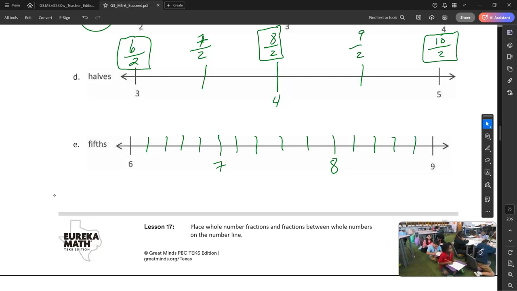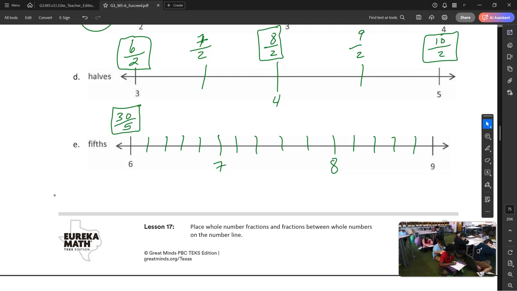Now, we started with the number 6. We're counting by fifths. So we're going to be counting by what? Fives. How many times for the first one? 6. 5, 10, 15, 20, 25, 30. So we would start with 30 fifths. And that's a whole, so we put a square.